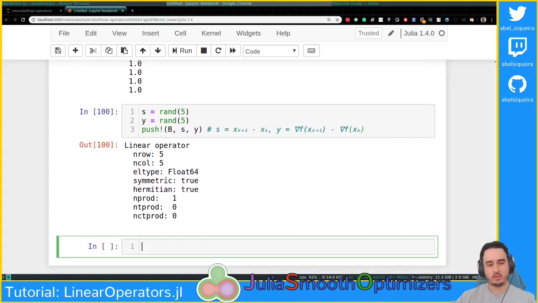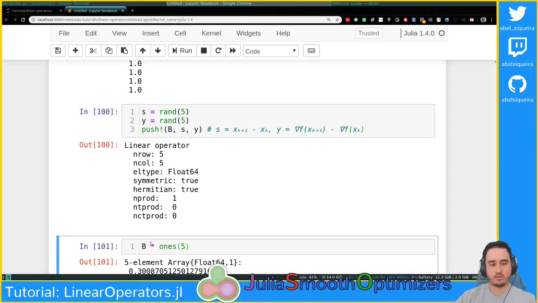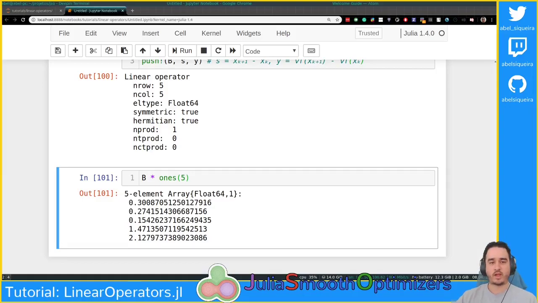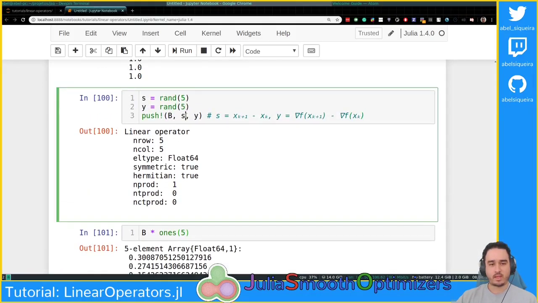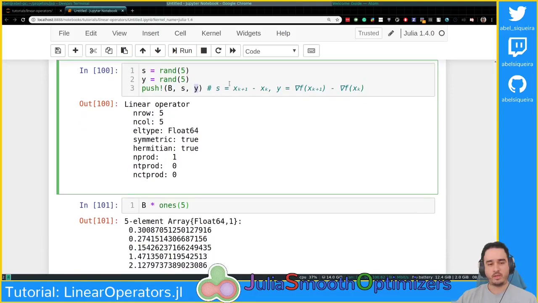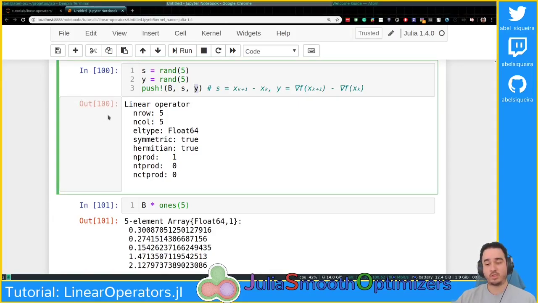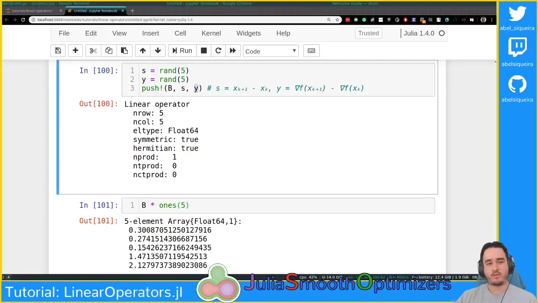Okay, so B is a linear operator. When I multiply B times 1 now, it changes. It's internally using only the vectors S and Y and the value of the inverse of the dot product of S and Y to form an efficient limited memory BFGS operator.